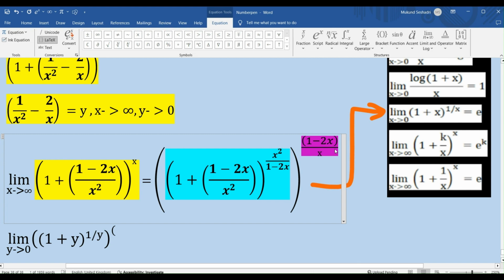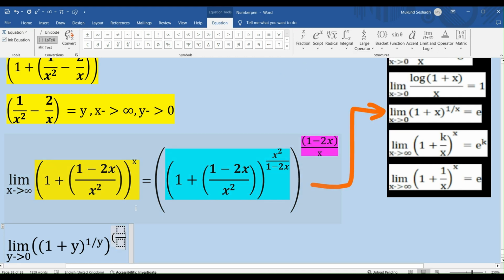Because (1 minus 2x) divided by x is nothing but 1 by x minus 2 by 1, which is nothing but 2.